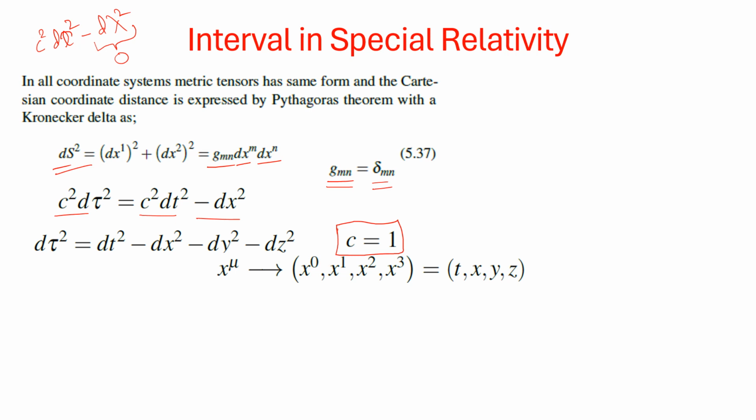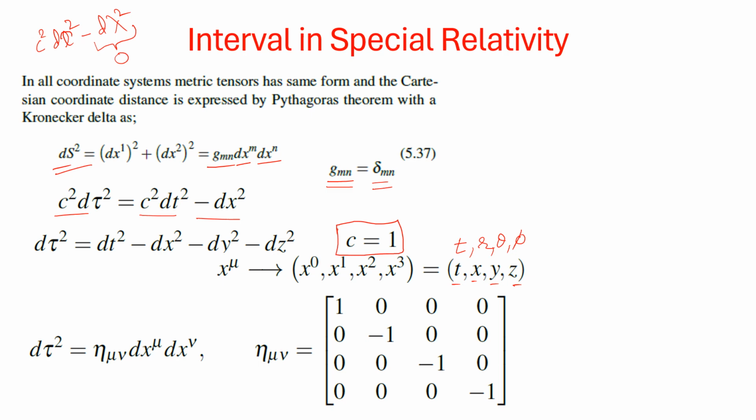So the coordinate set can be represented by x superscript mu, which is x0, x1, x2, x3, that has corresponding nature time, space, space, space. Sometimes it can be t, r, theta, phi in spherical coordinates.